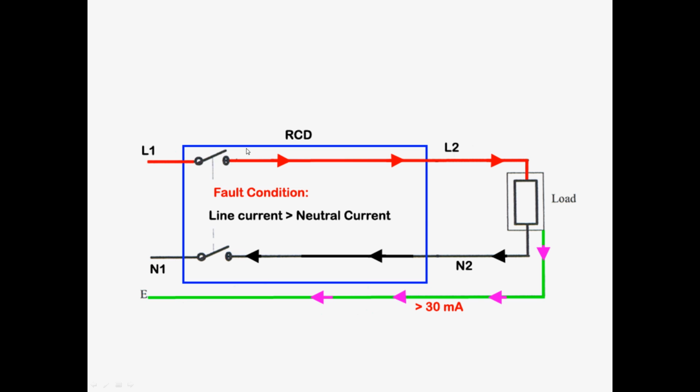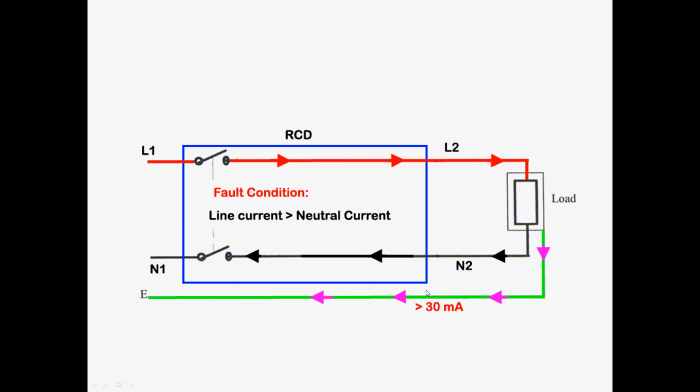In this case the RCD, as I said, has circuitry which compares the line current and neutral current, and you can see the line current will be larger than the neutral current because some current is lost through the earth wire. This condition is sensed by the RCD with great sensitivity.